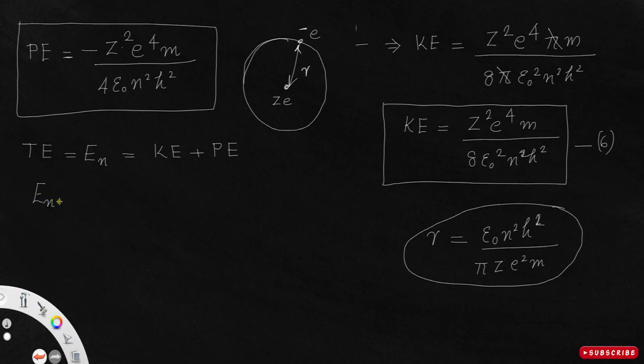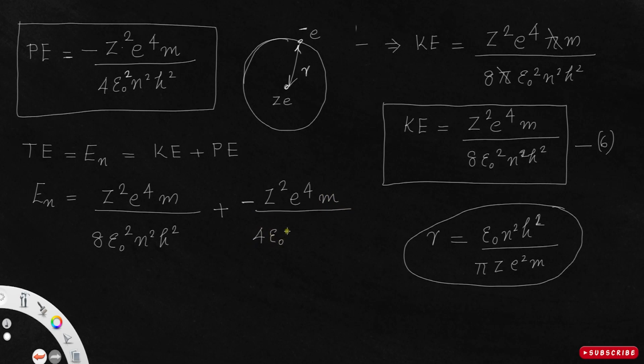So energy in the nth orbit is equal to, we have kinetic energy Z square e raised to 4 m divided by 8 epsilon 0 square n square h square, plus potential energy, which is minus Z square e raised to 4 m divided by 4 epsilon 0 square n square h square.